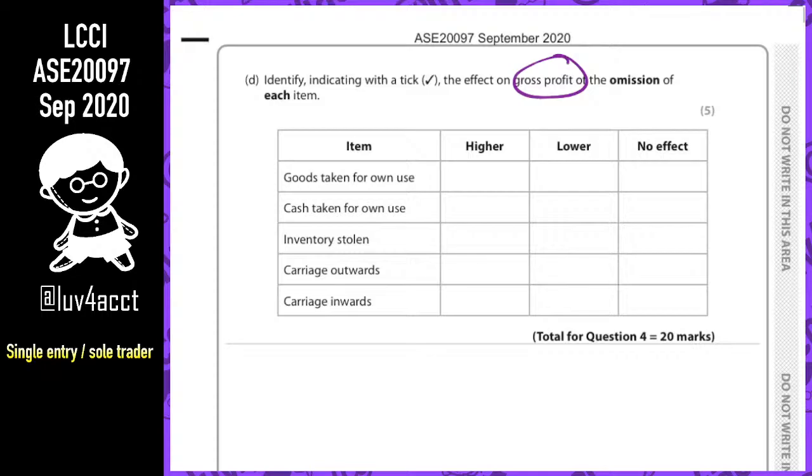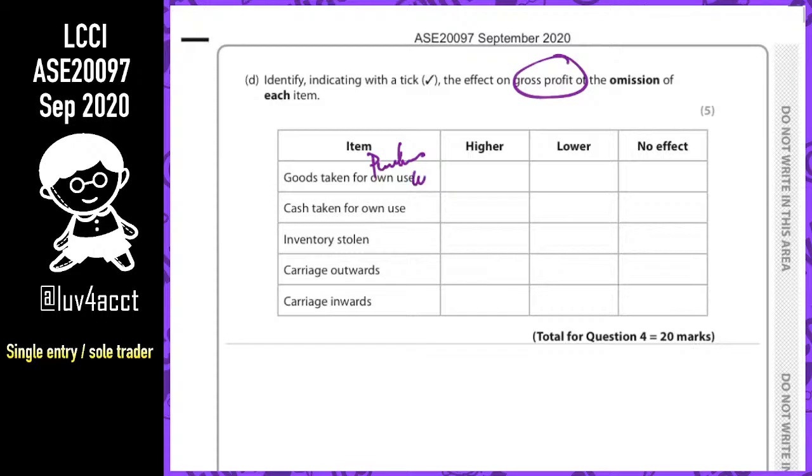So, goods taken for own use. If we omit goods taken for own use, that means purchases will be overstated.